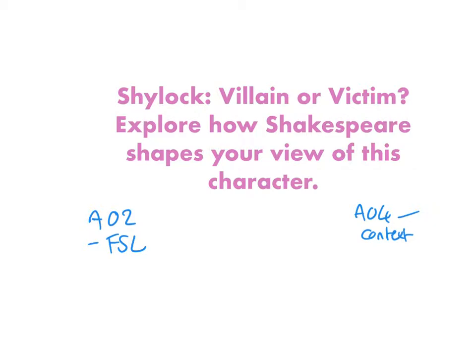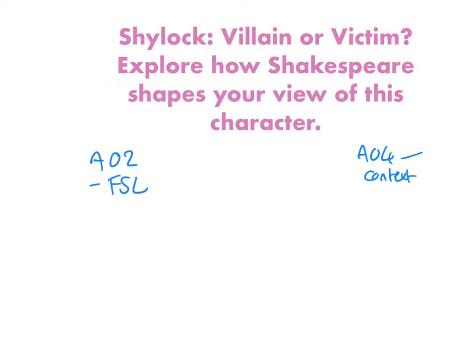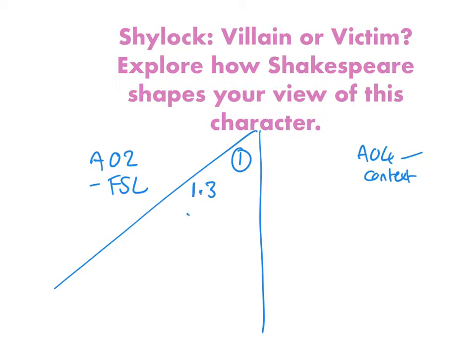Now, in terms of how you structure this essay, there are two ways that you can approach this. Number one, the way I prefer is doing it pretty much chronologically. So for a basic response, you would have one section on Act 1, Scene 3, one section on Act 3, Scene 1, and one section on the trial.